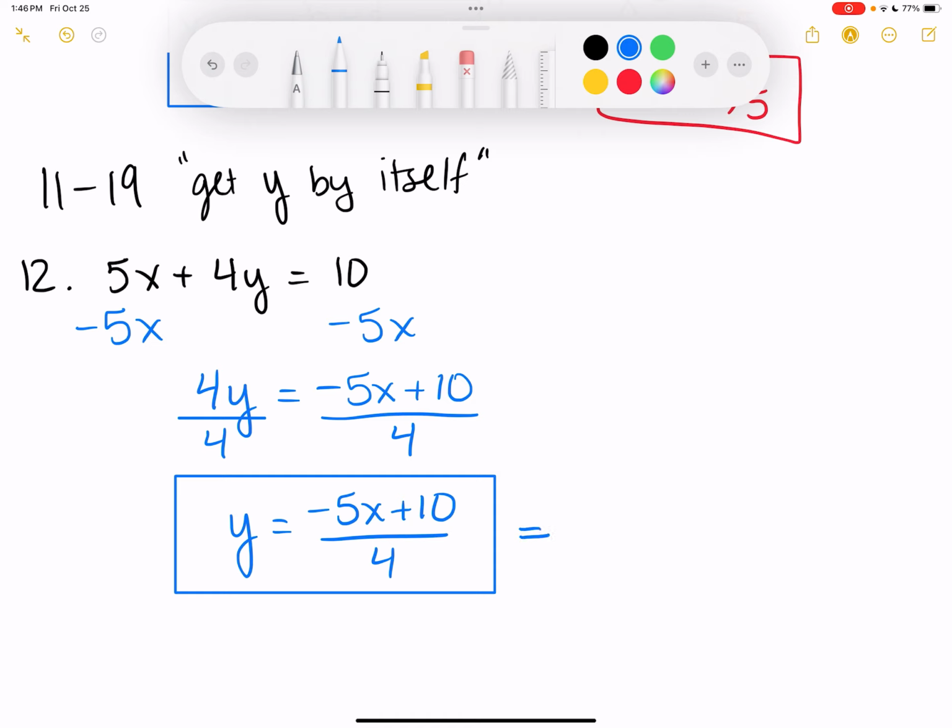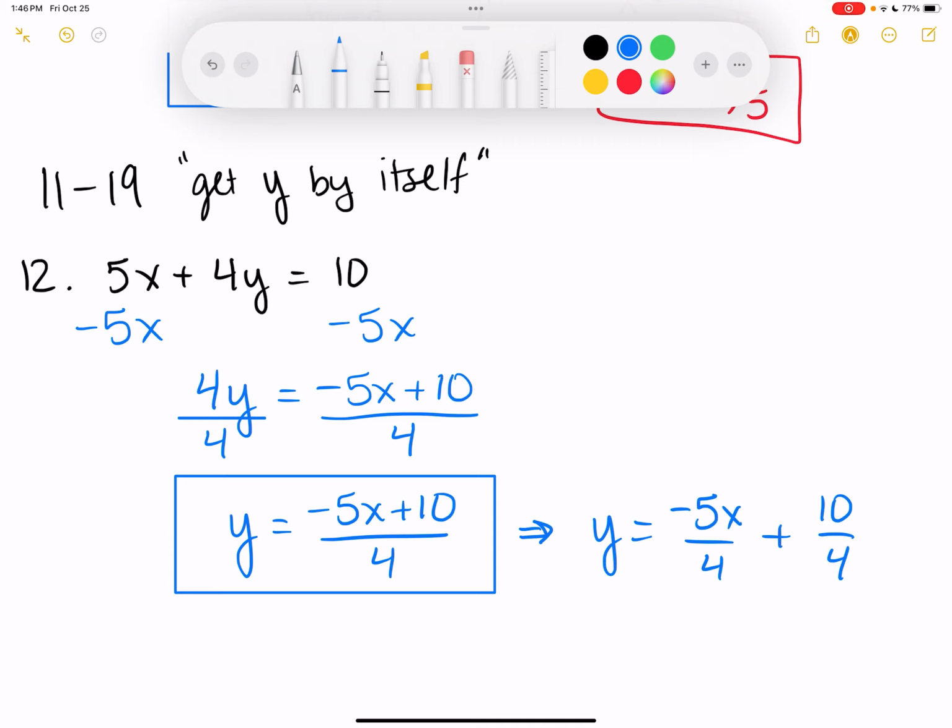I'm going to show you because the answers in the back of the book have it split. I leave it like this, which is totally fine. I'm just letting you know because the book's going to write it differently, so I want you to see what they did. They will have it as y equals negative 5x over 4 plus 10 over 4.